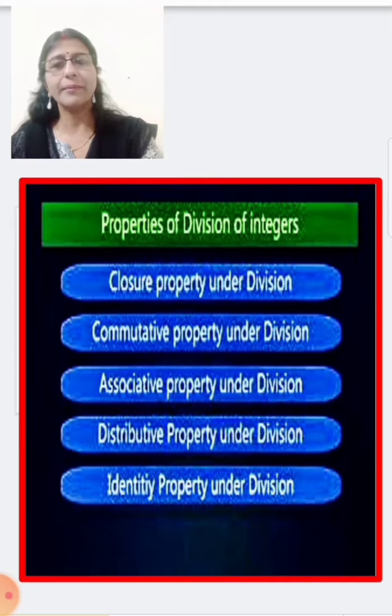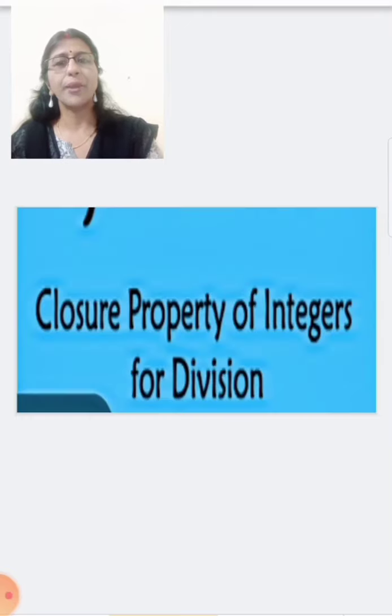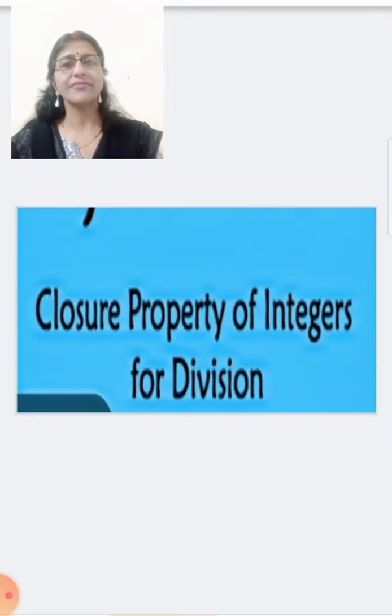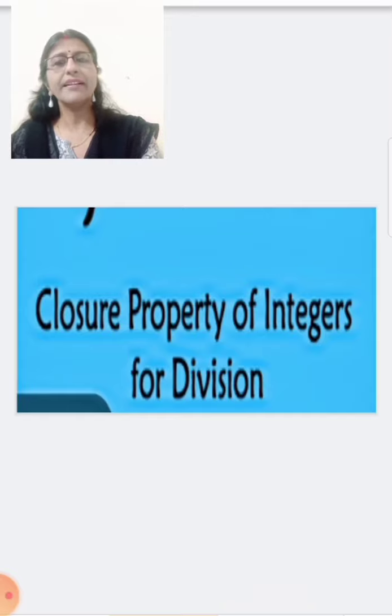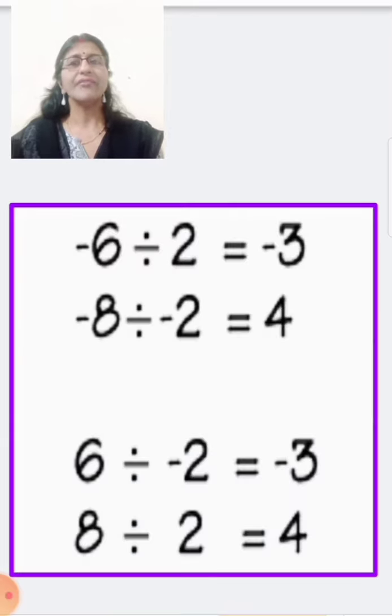First, we will learn about the closure property of integers for division. You have learned about the closure property for addition of integers. When we add two integers, we get the sum also as an integer.